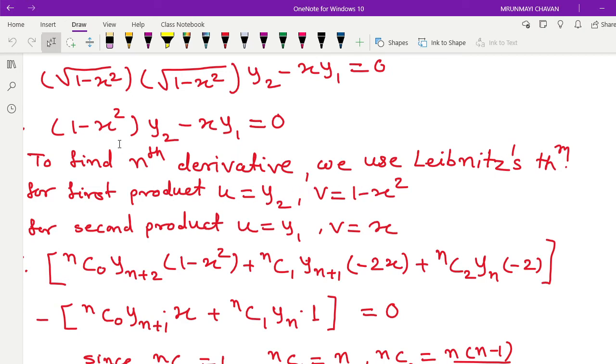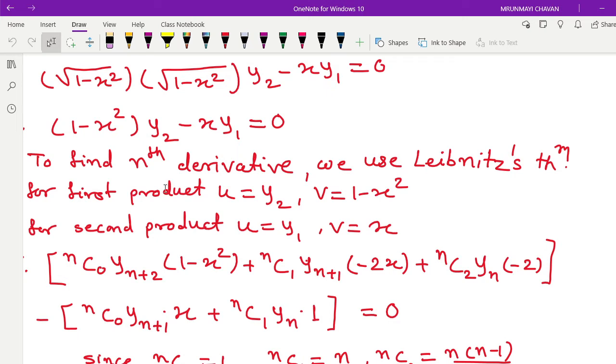Since here is a product of two terms, we use Leibniz theorem. In Leibniz theorem, if y is equal to u into v, then we have the formula for the nth derivative as nc0 into un v.